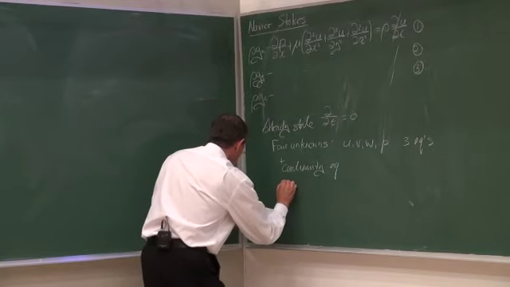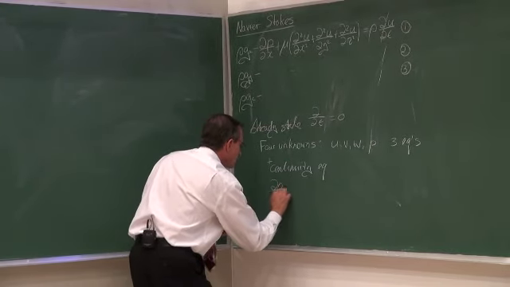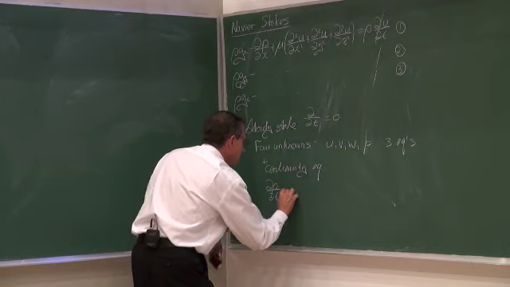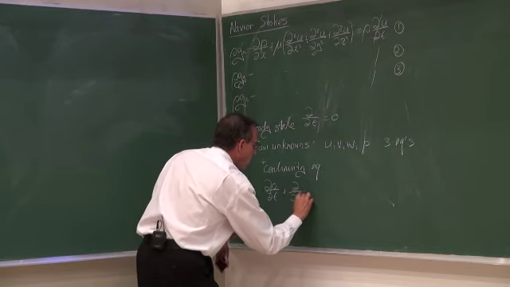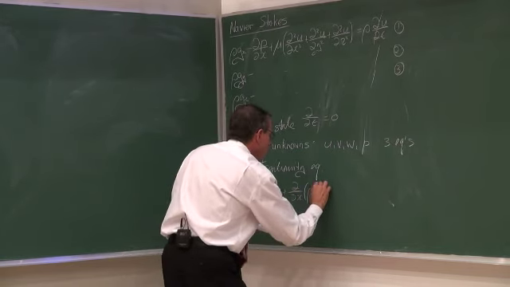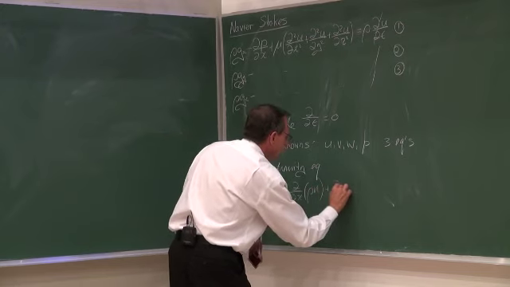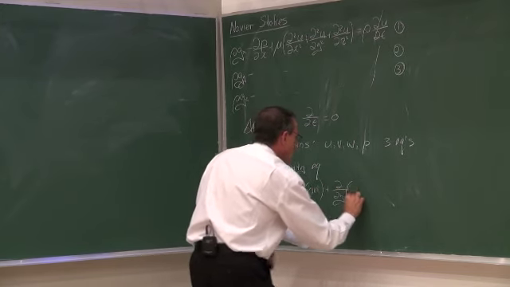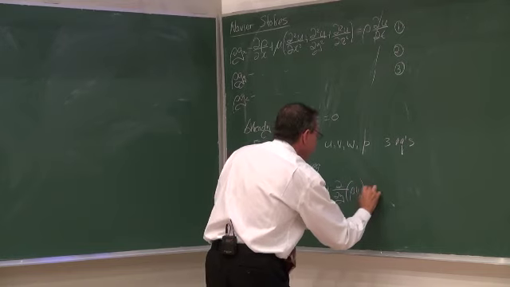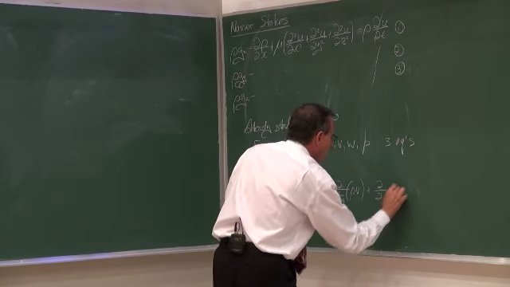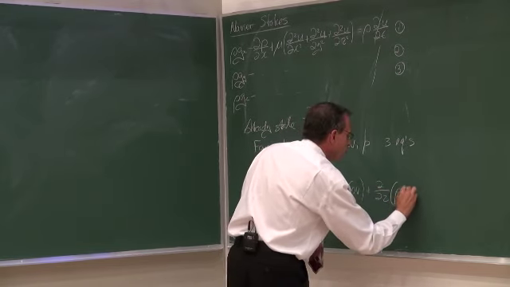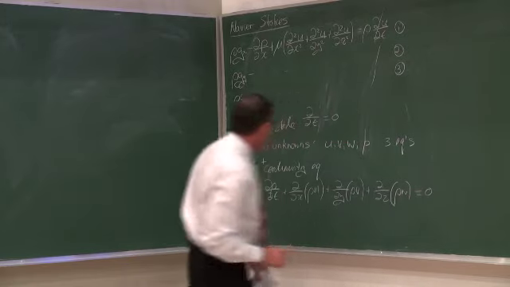The continuity equation is partial d rho dt plus ddx of rho u plus ddy of rho v plus ddz of rho w, and that is equal to 0.